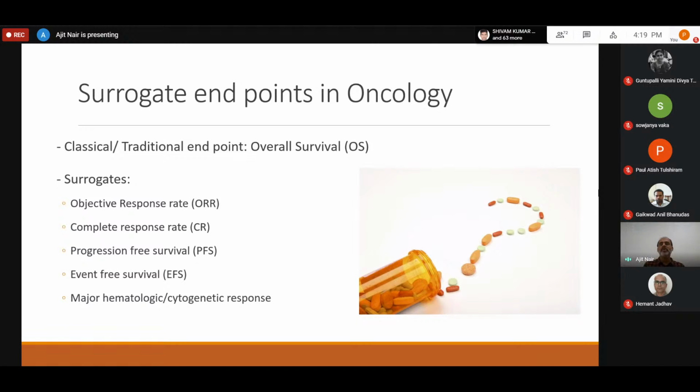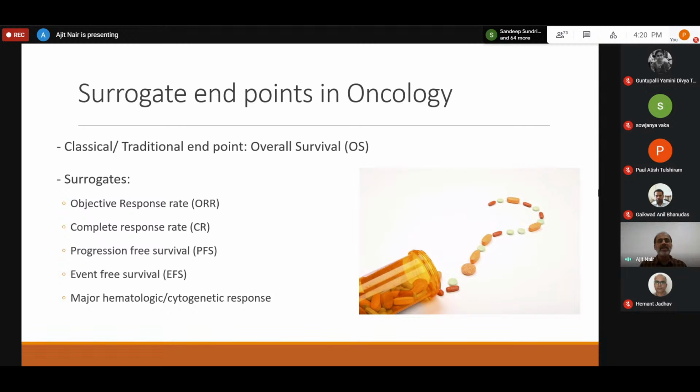So the classical endpoint has always been overall survival, but the FDA or the EMA is now willing to look at surrogates. Surrogates are not necessarily the traditional endpoints, but they are a reflection of the overall survival endpoint, so they are used in lieu of the classical endpoint.